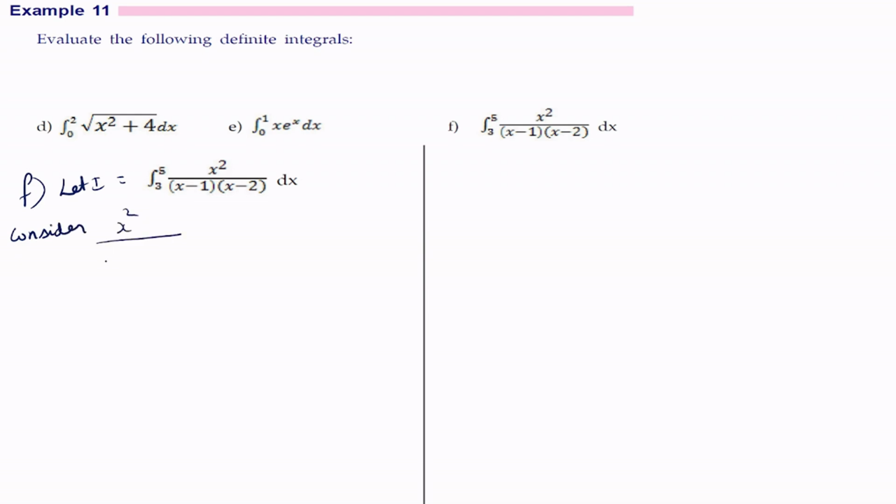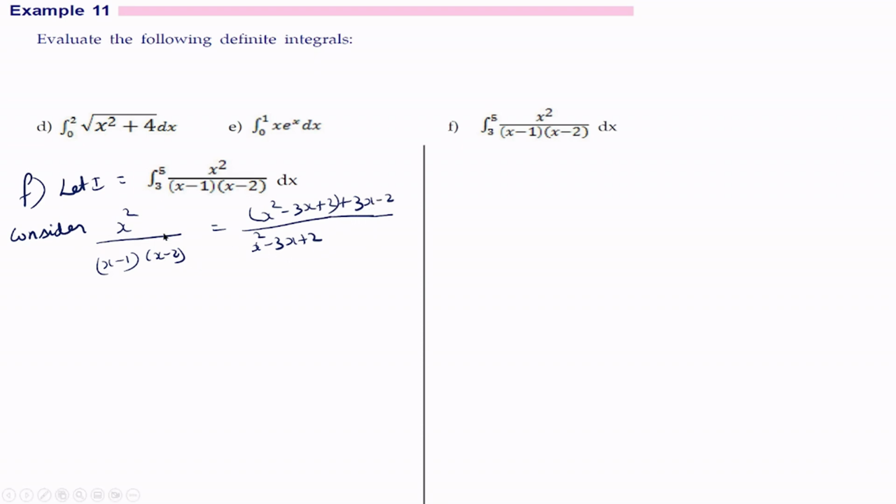Consider x square upon x minus 1 into x minus 2. So it is x square upon x square minus 3x plus 2. Let me subtract and add 3x plus 2.